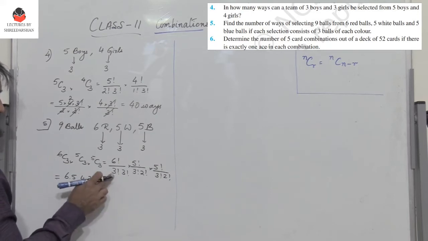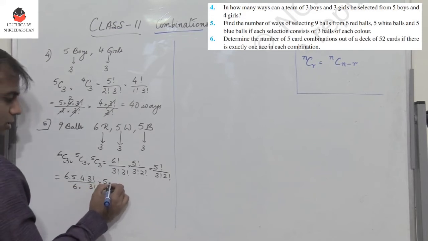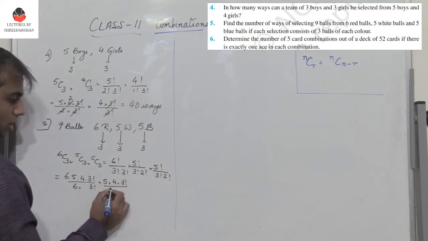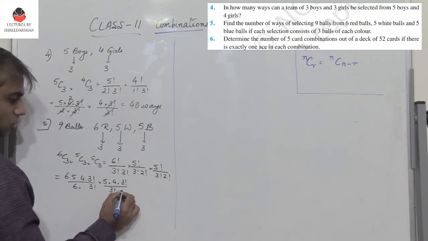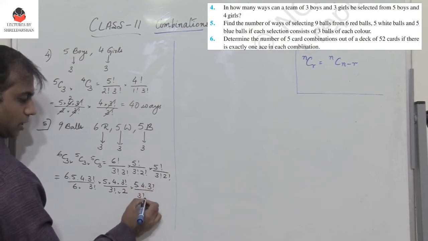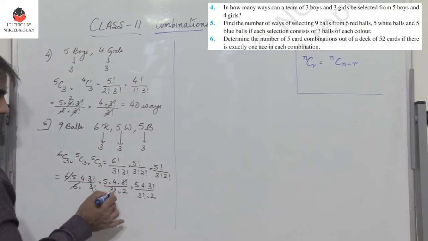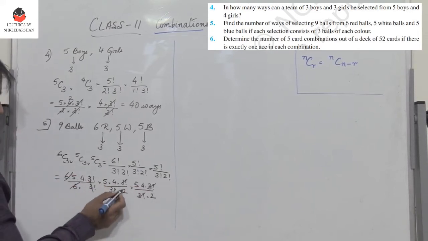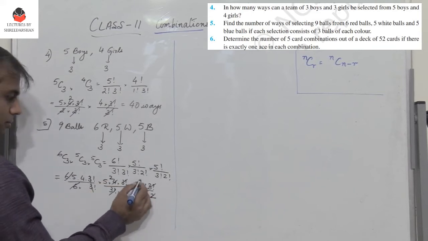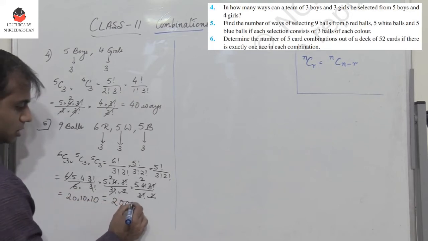So I have 3 factorial here. 3 factorial is 3 into 2, which is 6, so 6 into 5 into 4 into 3 factorial divided by 3 factorial into 2, into 5 into 4 into 3 factorial divided by 3 factorial into 2. So 6 gets cancelled, 3 factorial gets cancelled everywhere. So you have 2 2s are 4, right? So you have 5 into 4 is 20, into 10 into 10. So you get 2000 ways.